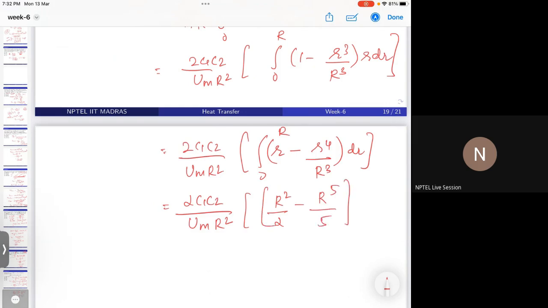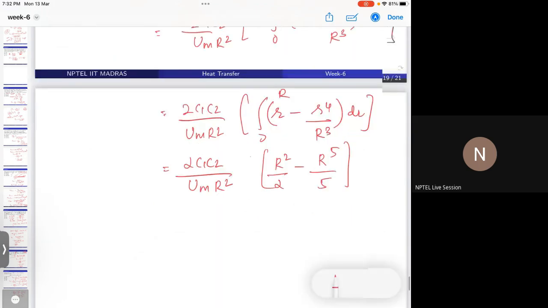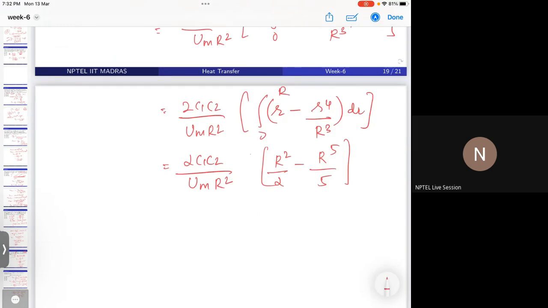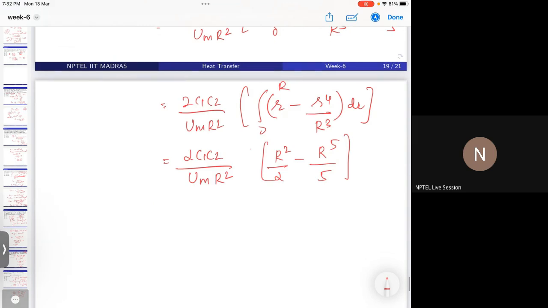I'm putting the limits. So I'm skipping one step. I integrated and substituted the limits as r. Okay, so it becomes 2c1 c2 divided by r square.